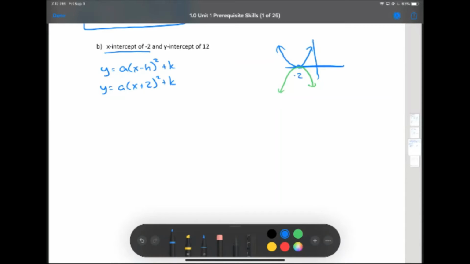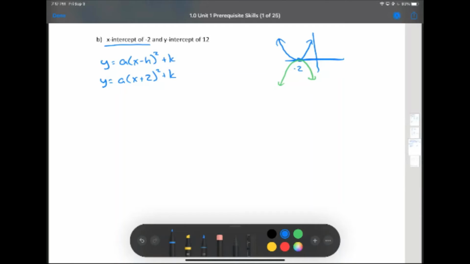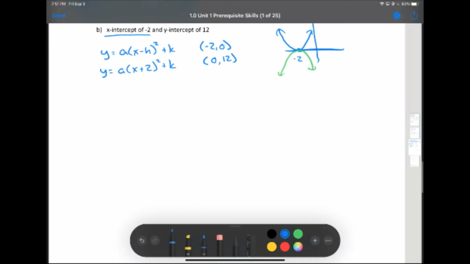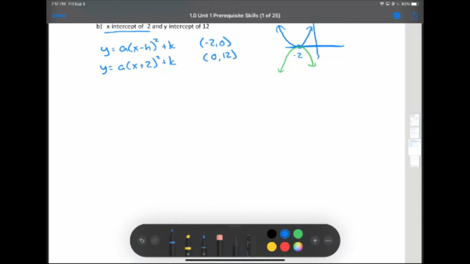And now I'll do what I was mentioning in the last question. I've got 2 points that I can plug in here. I have an x-intercept of negative 2 and a y-intercept of 12. Y-intercepts happen at x equals 0. So if I plug in those 2 points, I'm going to get 2 equations. 0 equals a(negative 2 plus 2) squared plus k.